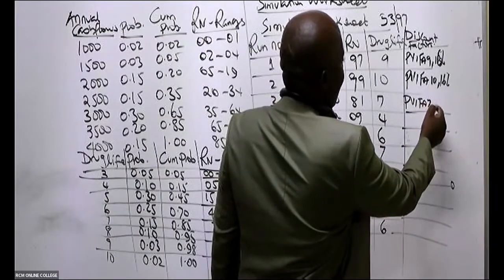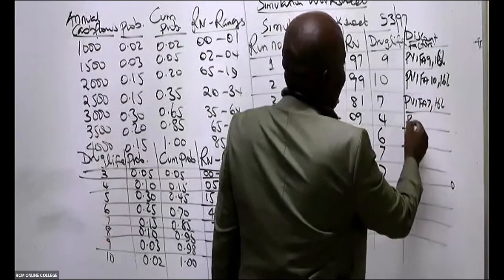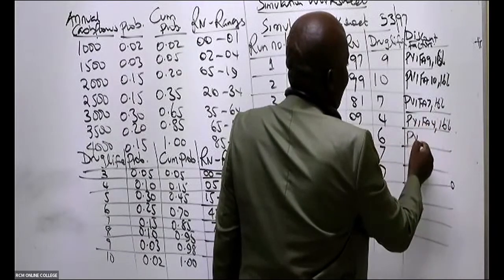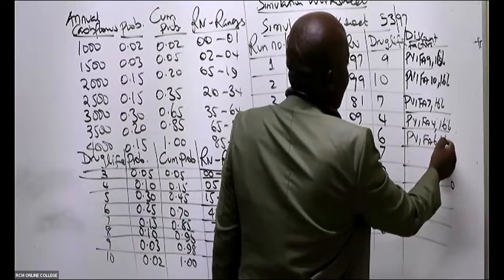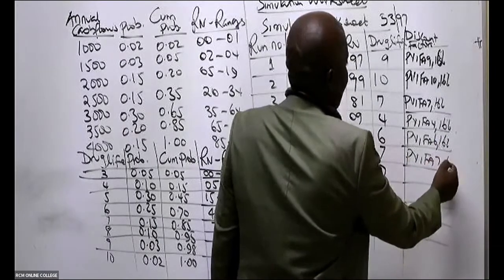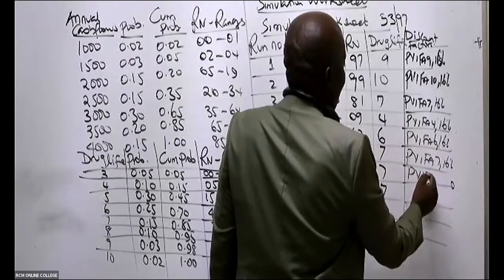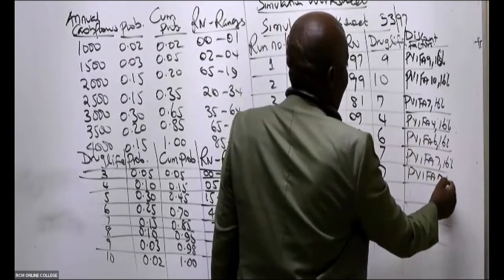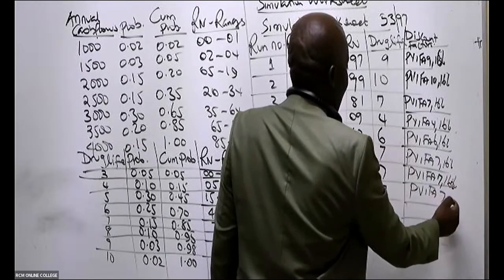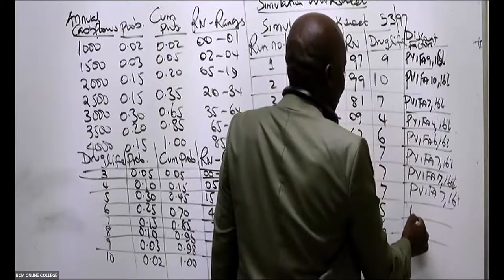Yeah, 7, 16% is common. PVFA 4, 16%. PVFA 6, 16%. PVFA 7, 16%. PVFA 7, 16%. PVFA 7, 16%.